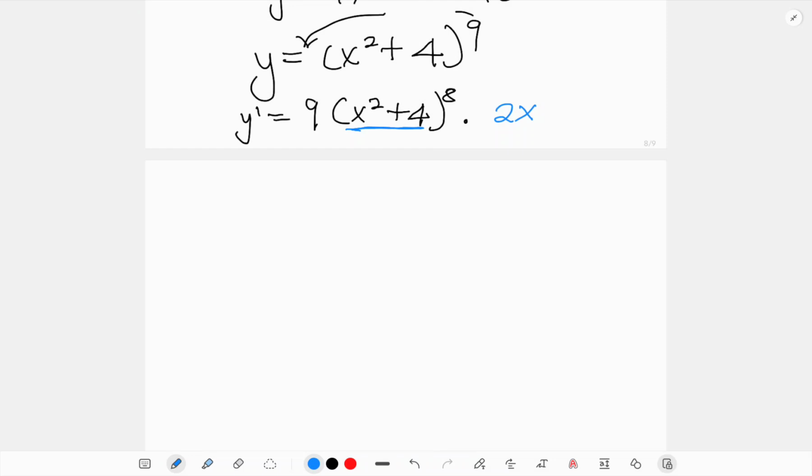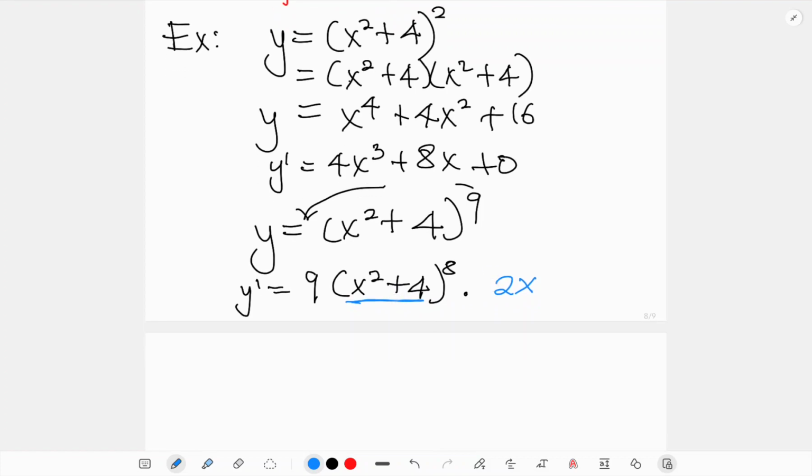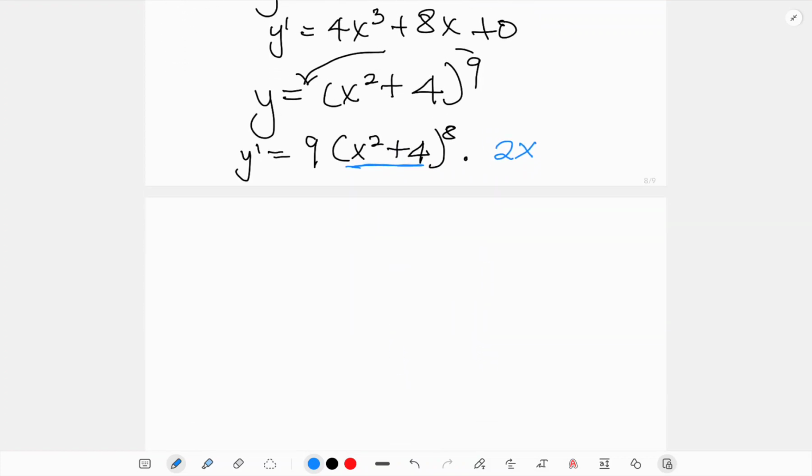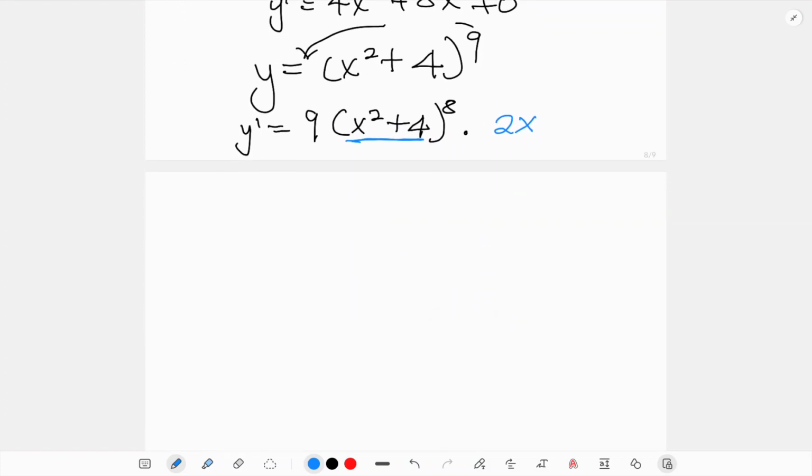So another method that I find very useful is, let's say you're given the same problem, but let's do it in writing this time. Let's say you're given y equals x squared plus 4 to the power 9, right? So let's make the inside, the blue part, to be our u. So what is this? This is x squared plus 4, right?